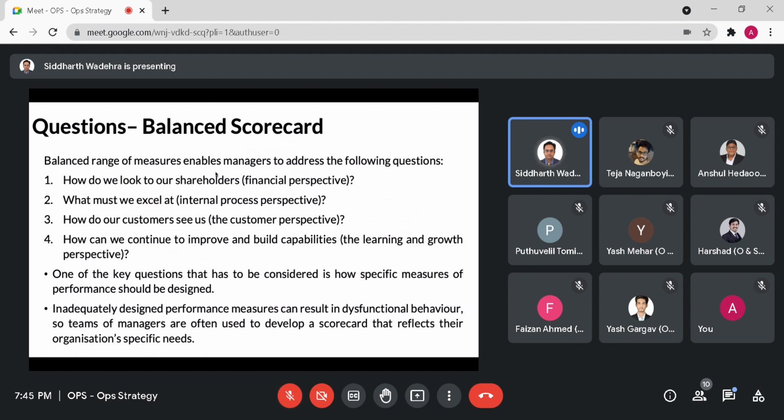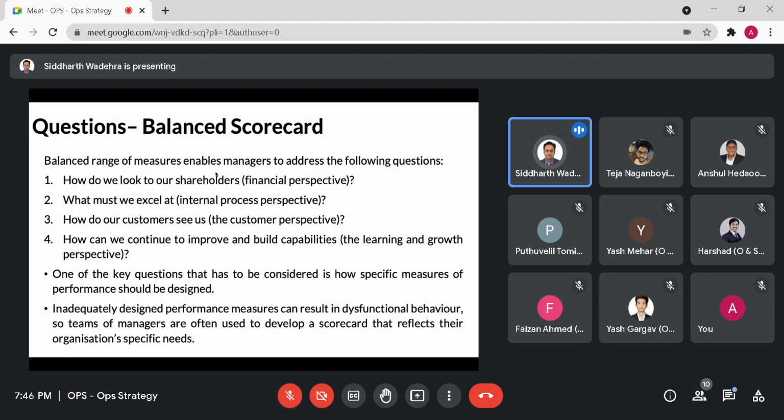What must we excel at? Individually, based on your defined organizational strategy, you will have to identify those specific 3, 4, 5 matrices that you would want to excel at. In the case of Southwest Airlines, you will have to excel at ensuring the turnaround time between a plane landing and the cleaning and everything, and having the passengers on board.